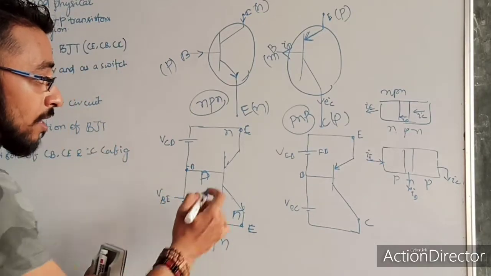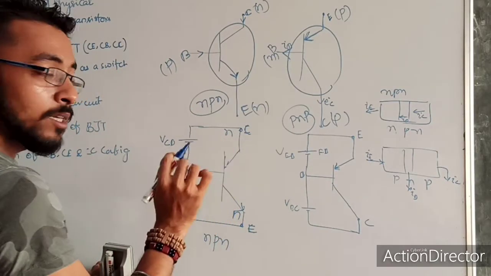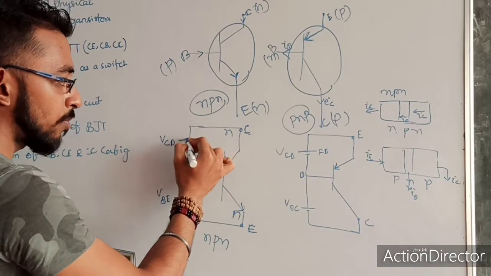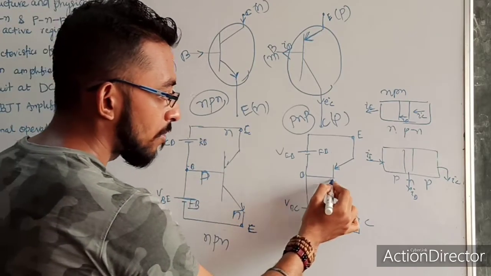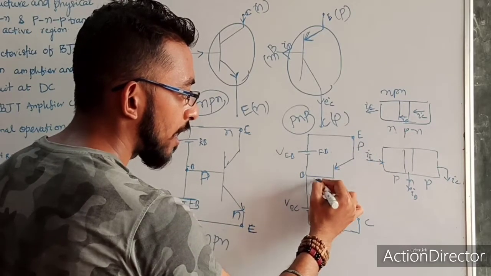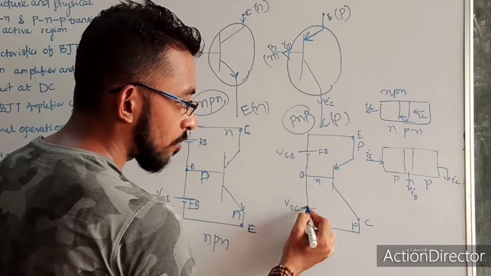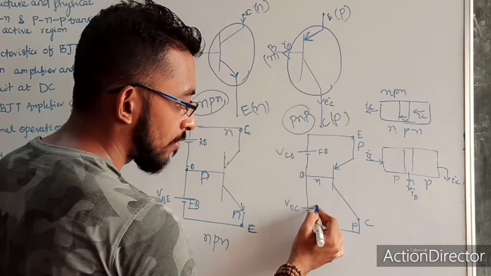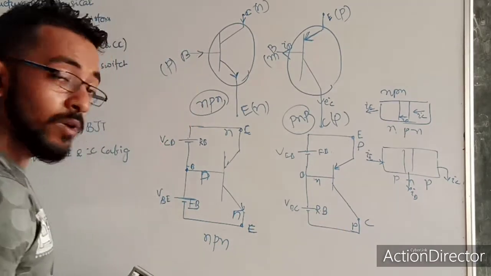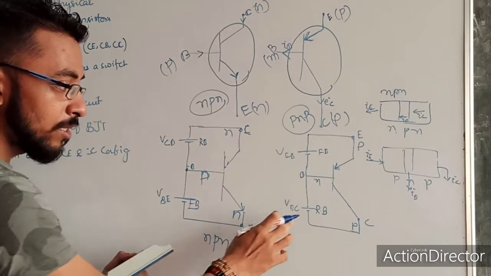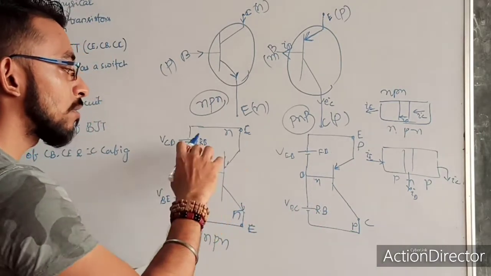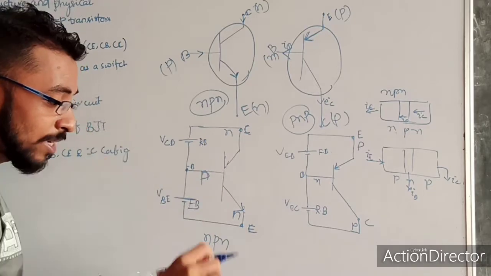Now my collector base junction should be in reverse bias. In NPN, the N is connected to the positive, P is connected to the negative, so it is in reverse bias. In PNP, N is connected to the positive, P is connected to negative. It is also in reverse bias. So in both cases, they are working in active mode. The biasing is done in such a way that one junction becomes forward biased and one becomes reverse biased.